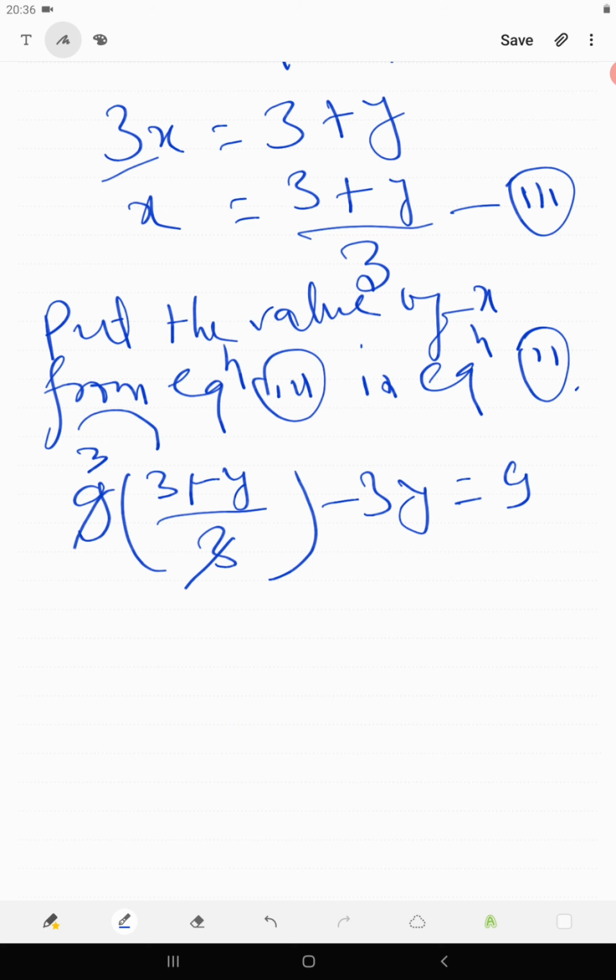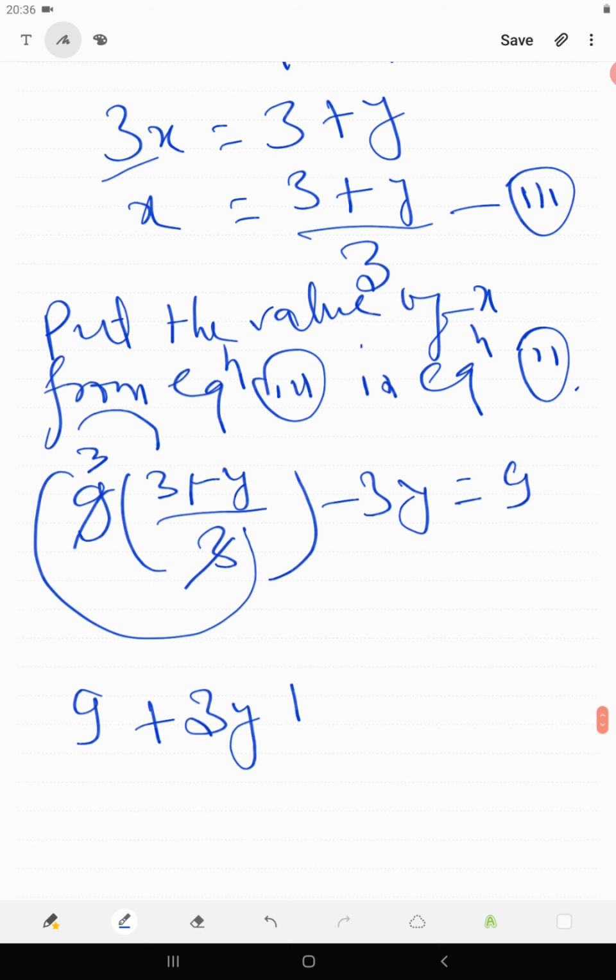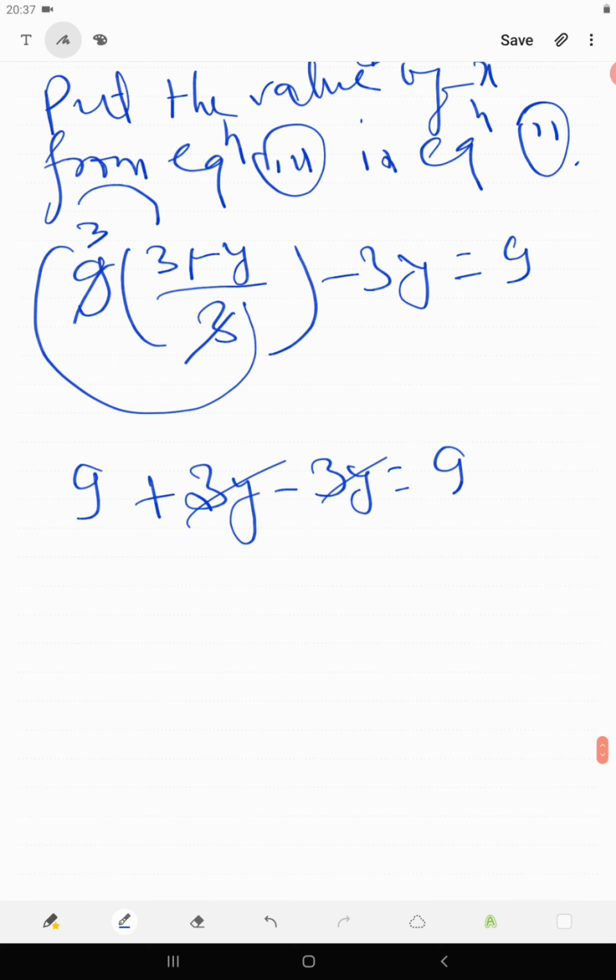Now 3 will be multiplied with 3 and then 3 will be multiplied with y. So 3 into 3 is 9 plus 3y. 9 plus 3y minus 3y equals 9. So you see that 3y is getting cancelled. So there you will not get a solution for it. Why will you not get a solution? Because it's a parallel line.